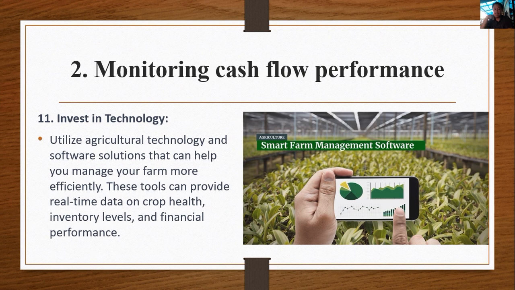Okay, next class, as part of monitoring your cash flow performance, you may invest in technology. Utilize the available agricultural technology and software solutions that can help you manage your farm more efficiently. These tools can provide real-time data on crop health, inventory levels, and financial performance.